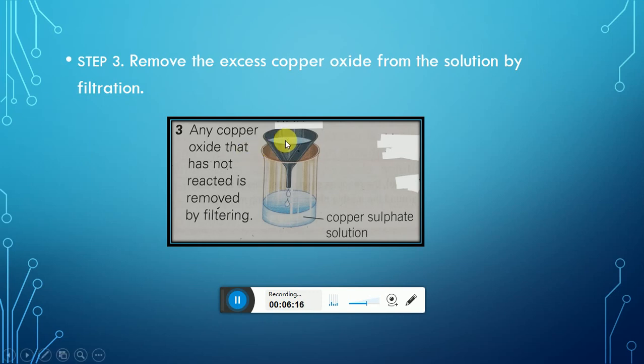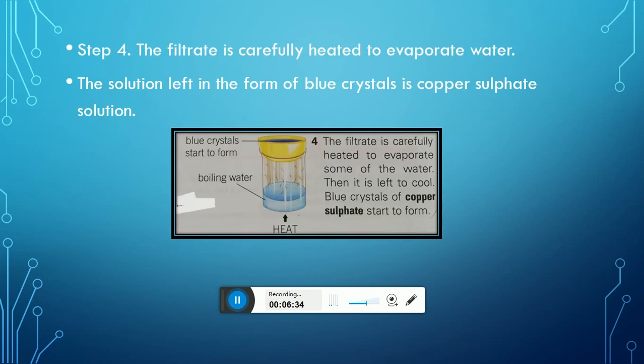In the fourth and last step, as I told you, we have two products. One is the metal salt, which is copper sulfate, and the second one is water. So definitely water would be there after the chemical reaction. The filtrate is carefully heated to evaporate the water in the solution.